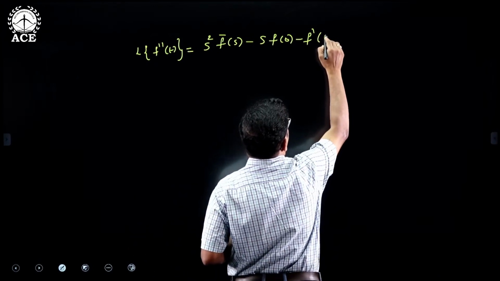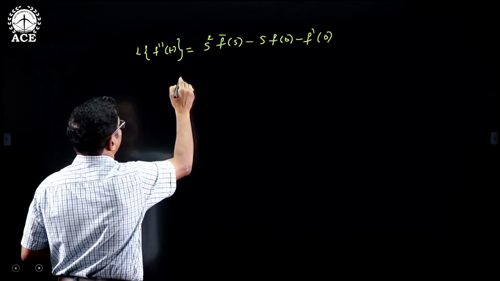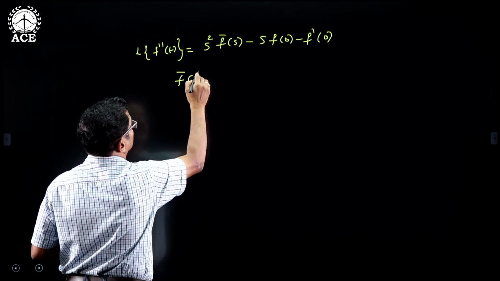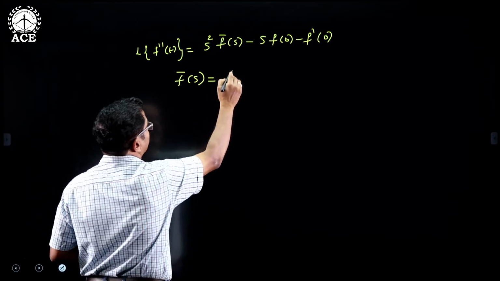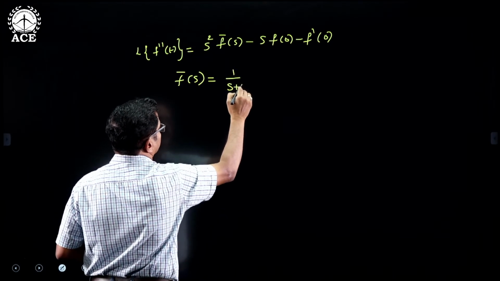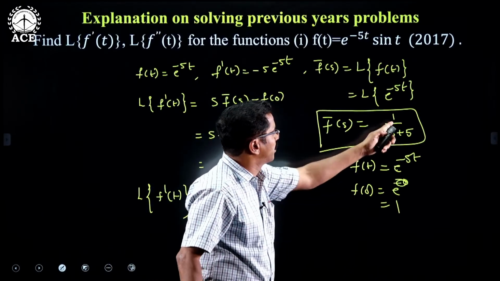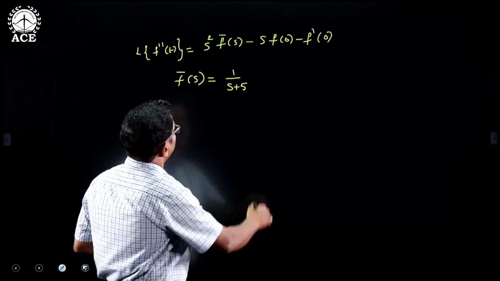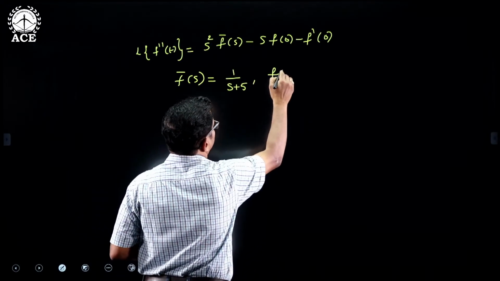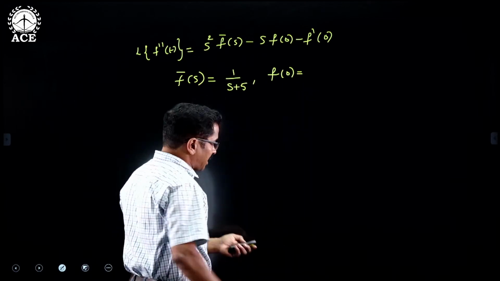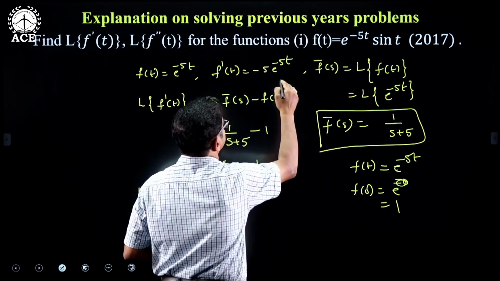So you know that f bar of s equals 1 by s plus 5. We know that, we evaluated. F bar of s equals 1 by s plus 5. And f of 0 we evaluated as 1.